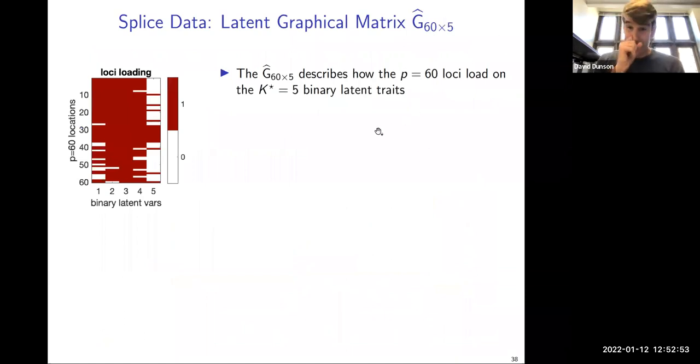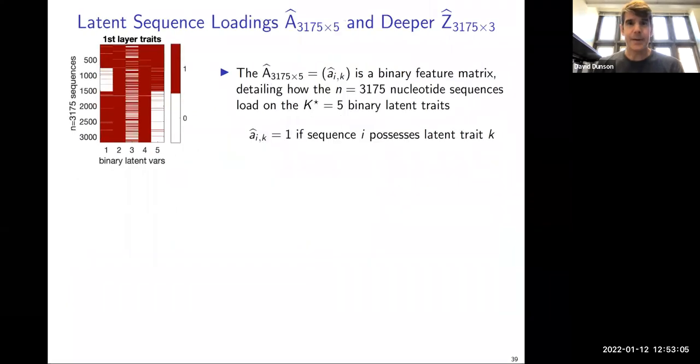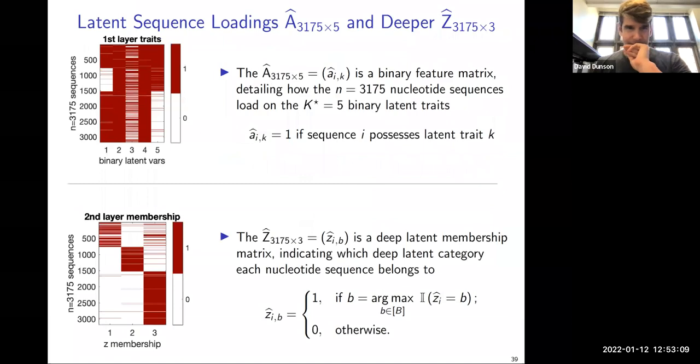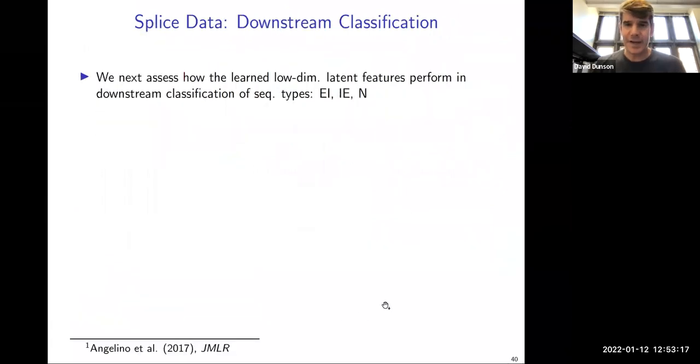The splice data. So the G describes how the 60 loci load on the binary latent traits. What we did is we took the learned binary latent traits.